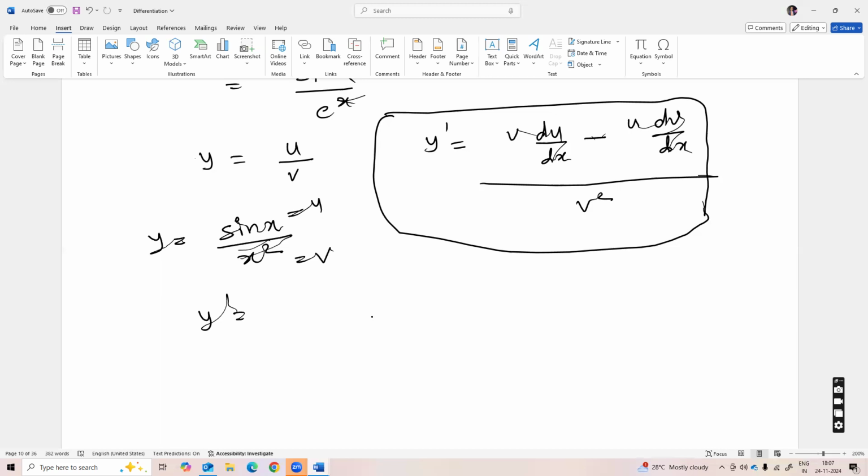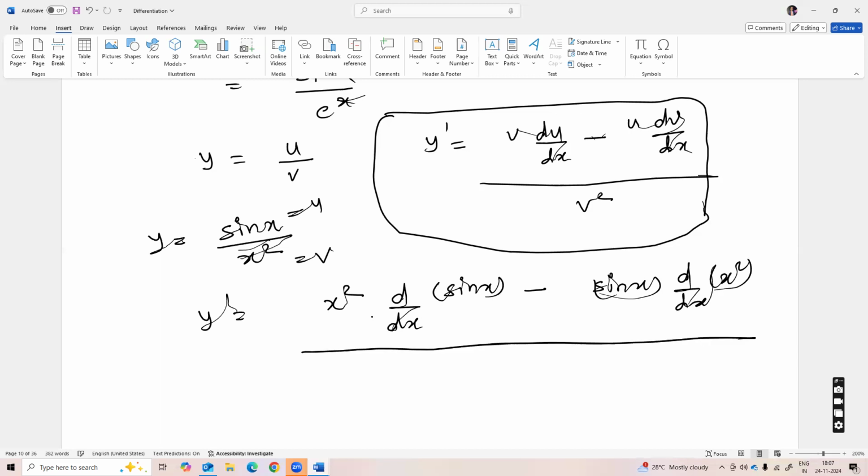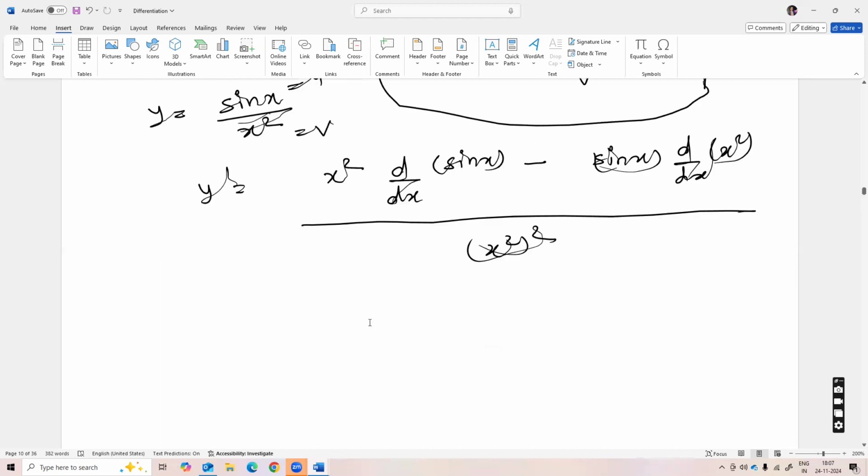So we take v, that is x square, times the derivative of sine x, minus u, which is sine x, into the derivative of v, that is x square, and the whole divided by v square, that is x square of x square.